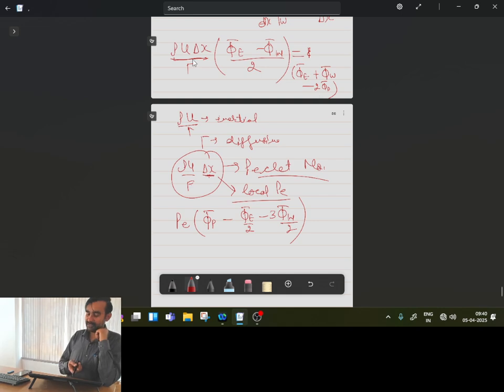Okay, I cannot take it like this because on the left hand side I am having the Peclet number. So now, using the Peclet number, you try to take out all the coefficients.